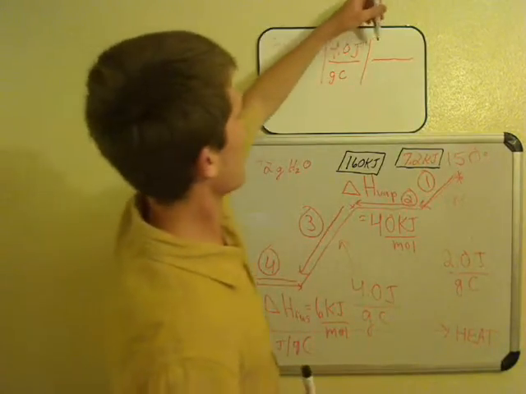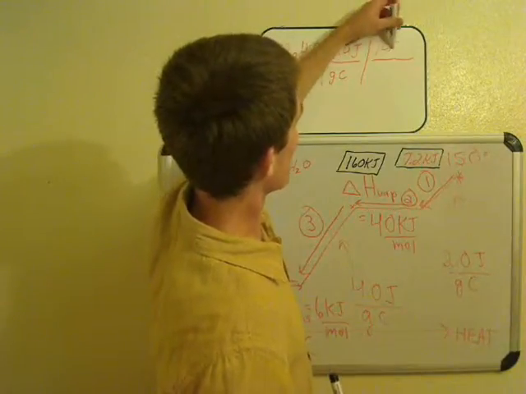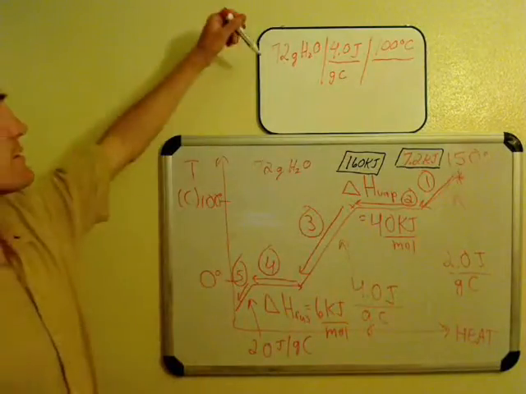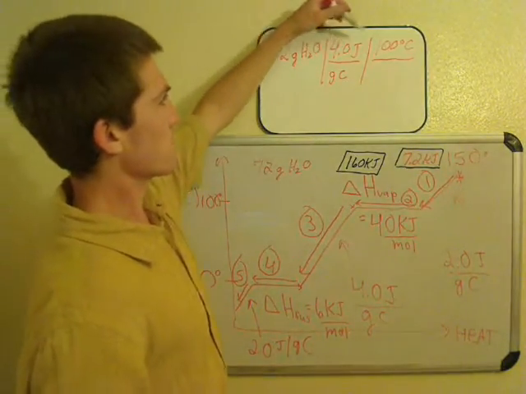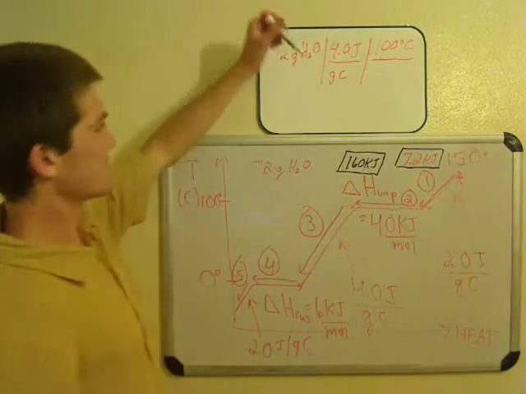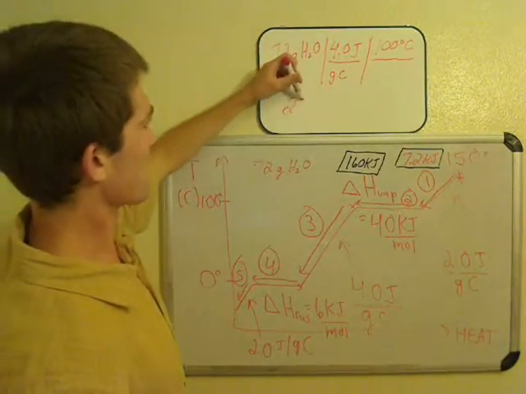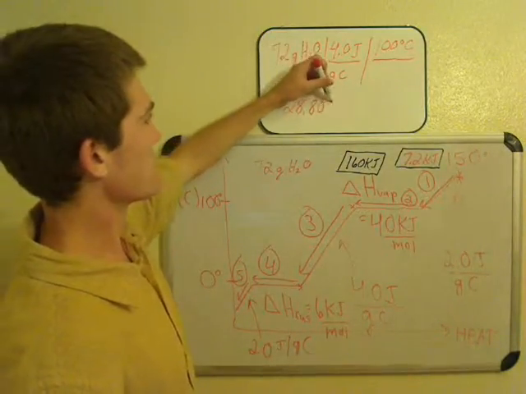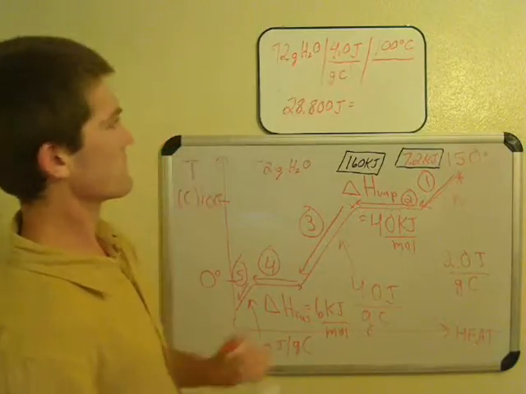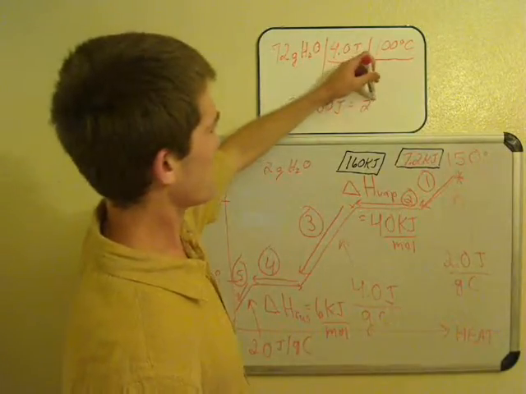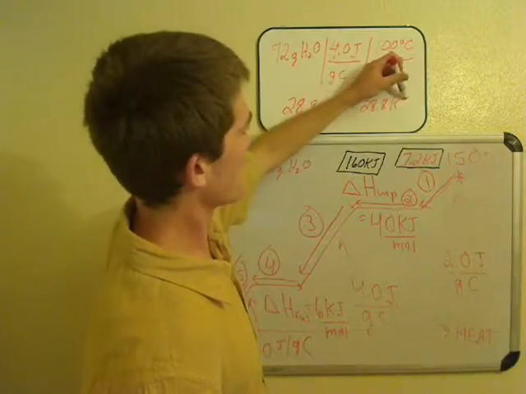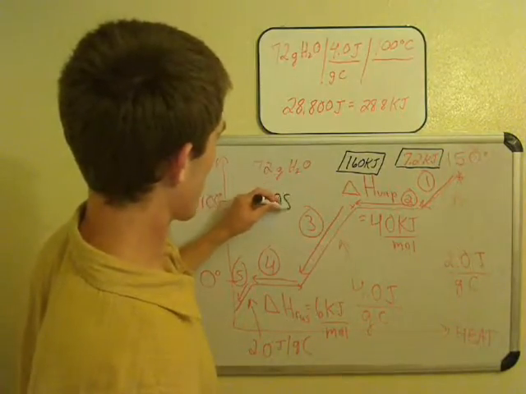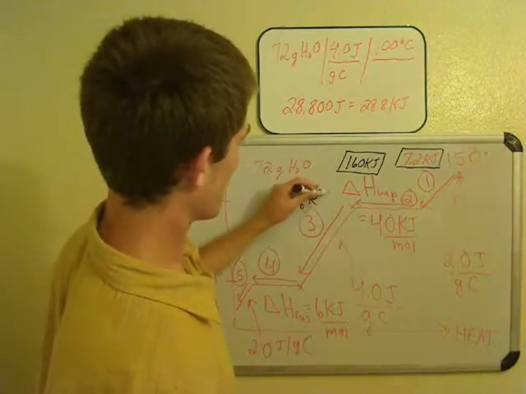So we multiply by 100 degrees C. Here, 72 times 4 times 100, so 400 times 72 gives us about 28,000, so it's 28,800 joules, equals 28.8 kilojoules, and this is for step 3.